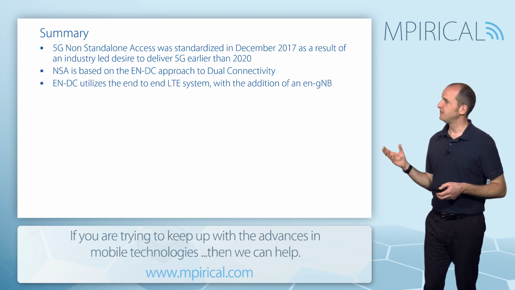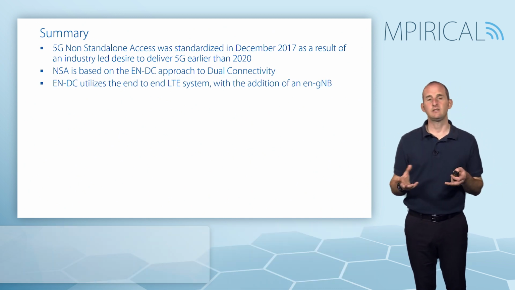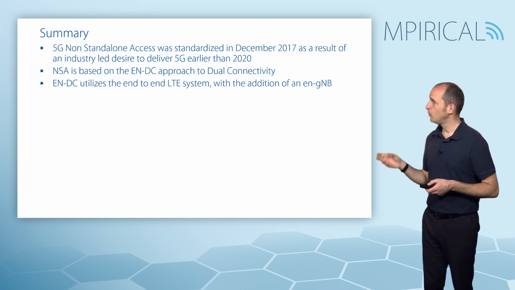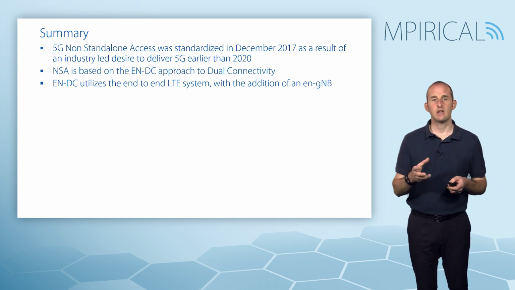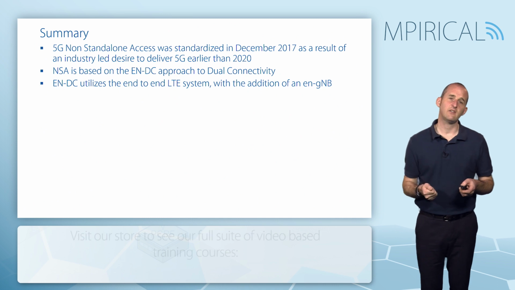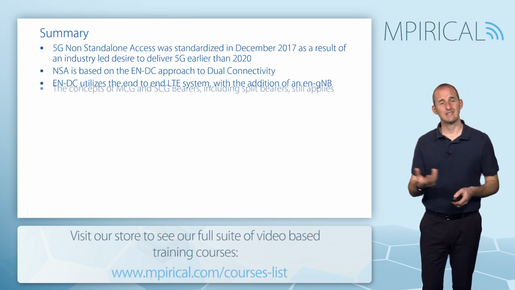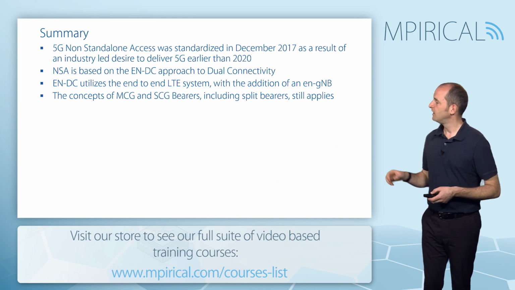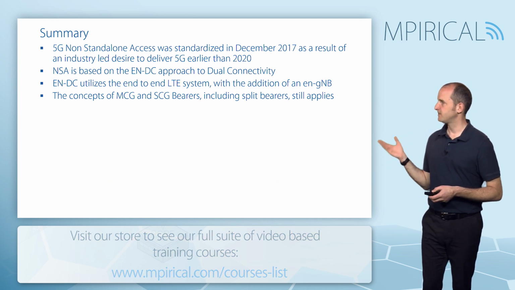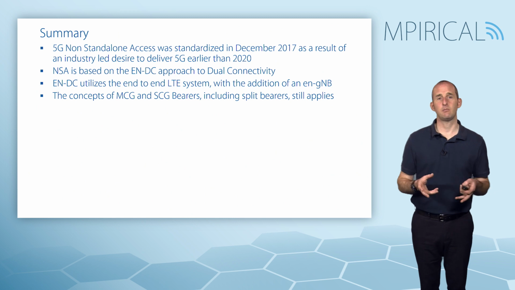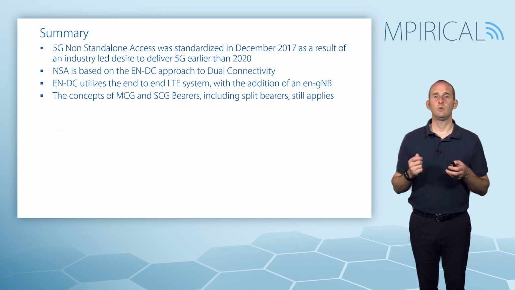You can see ENDC utilizes that end-to-end LTE system in its entirety with the addition of an ENGNB. So in terms of getting those 5G services to the customer sooner, this is by far the simplest approach to do it. Now the concepts of MCG and SCG bearers, including split bearers, still applies with this approach.